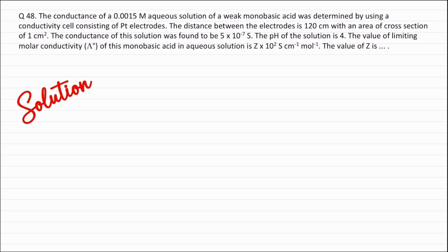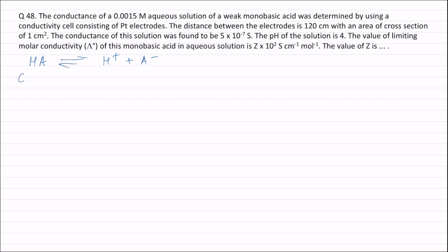Now let the acid be HA, and this acid dissociates to give H plus and A minus ions. If the initial concentration of the acid is C and degree of dissociation is alpha, then equilibrium concentration will be C into 1 minus alpha. This is the concentration of HA, and the concentration of H plus and A minus ions will be C alpha and C alpha.